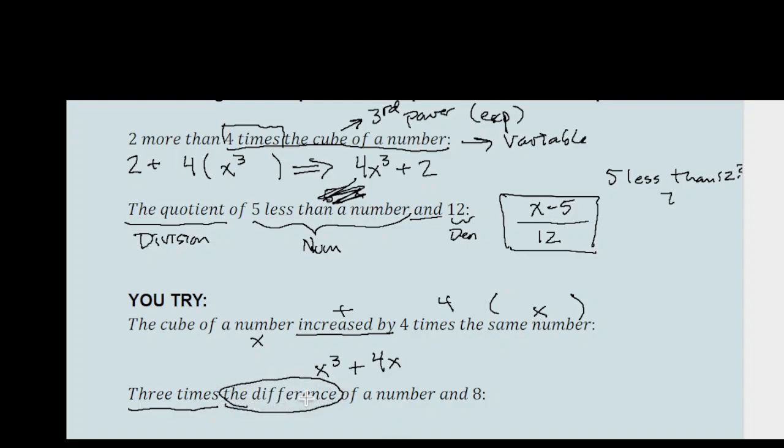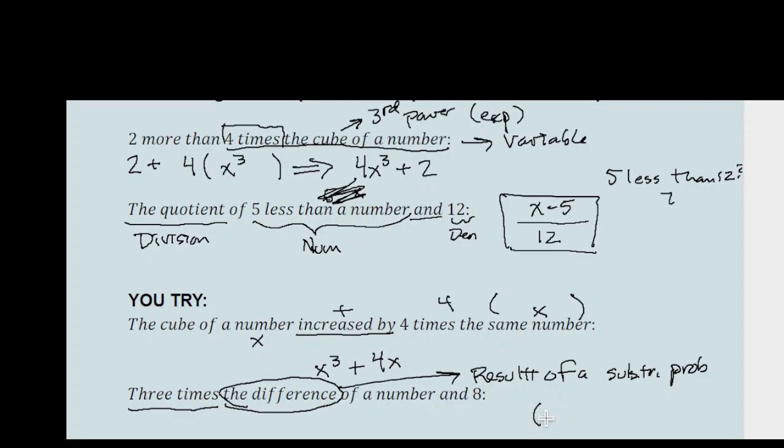So you have to ask yourself, what is difference? Difference is the result of a subtraction problem. If we're multiplying this by the result, and we don't know what that result is because it involves a variable and a number, then what do you use?